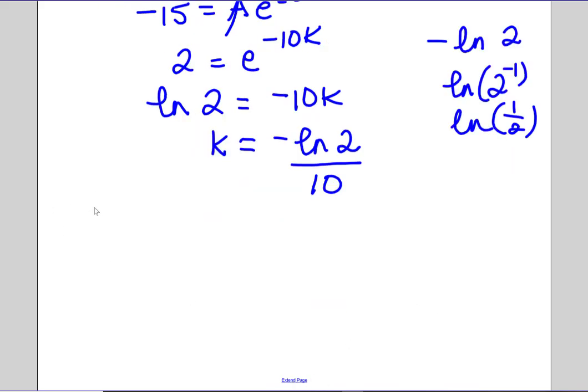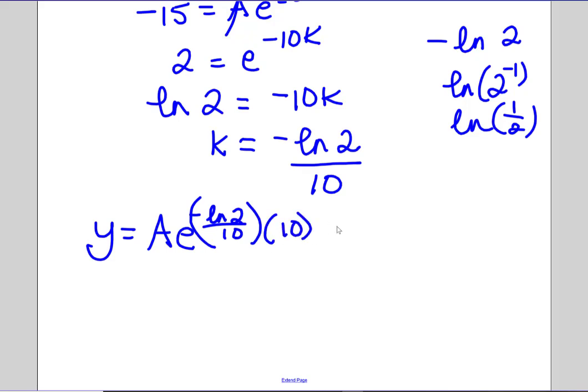Next we could use our formula, y is a e to the kt, so our kt is negative natural log of 2 divided by 10 times the time, which was 10, plus 65.